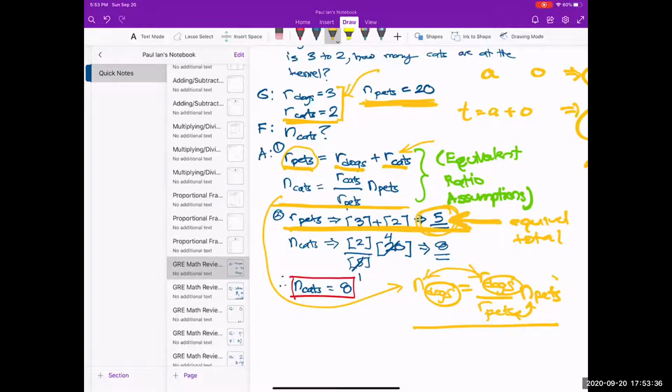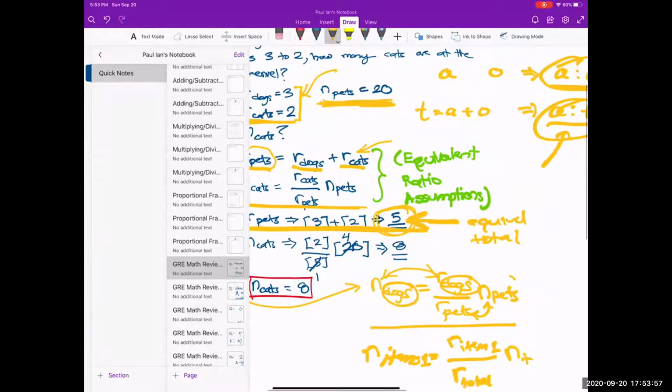Okay. If you remember, this equation is really simple. You have the real number of items in general, and then item 1, and R as item 1 again, divided by R of total, and then N of total.